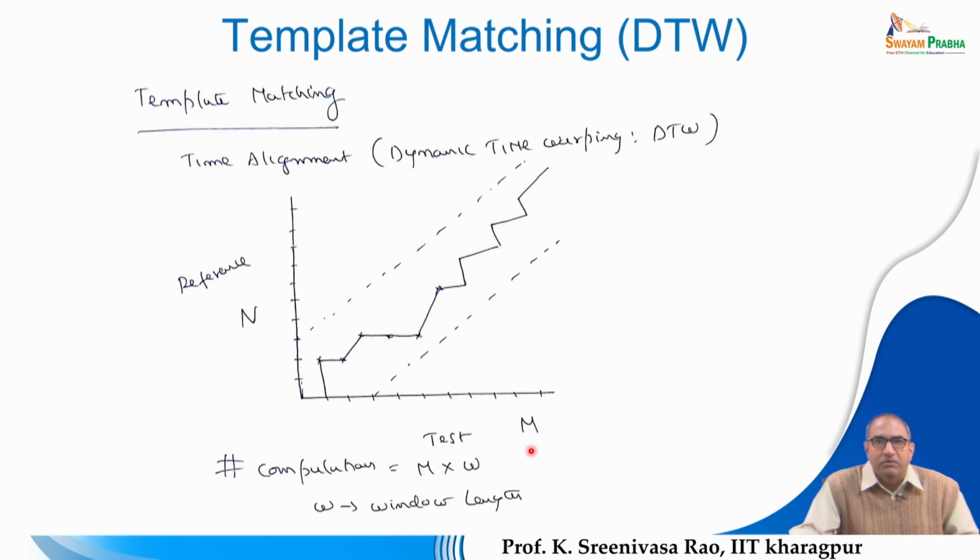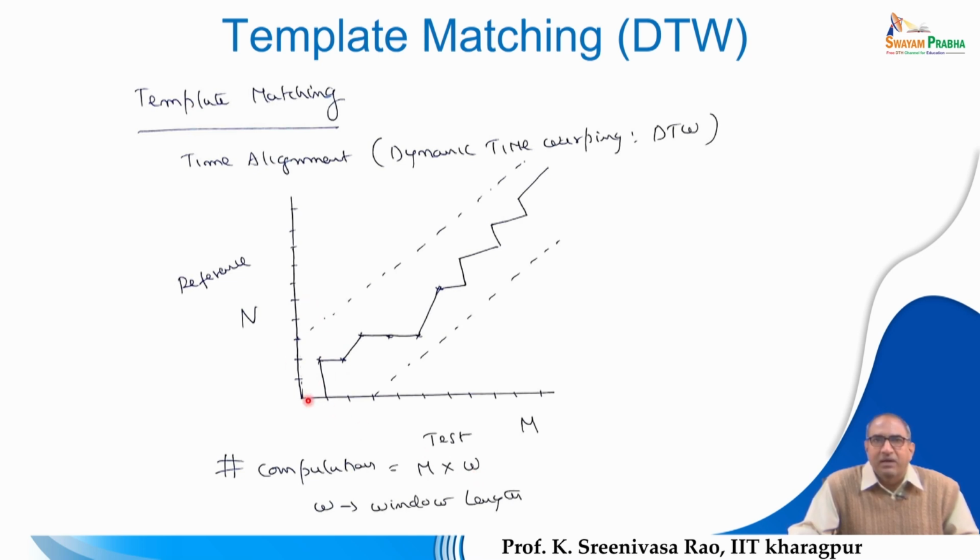Intuitively, since both are at the word level, we expect that if the reference template and the test case are the same, the match will be found within a range. So we consider a window length of either 3 or 4 vectors, and within that we try to find the match.